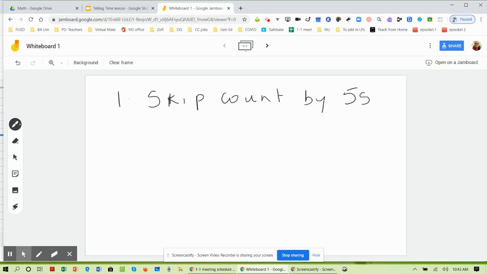Now let's look at the second skill that we would need to know. You need to know how many minutes are in an hour and how many seconds are in a minute. So 1 hour is also 60 minutes.